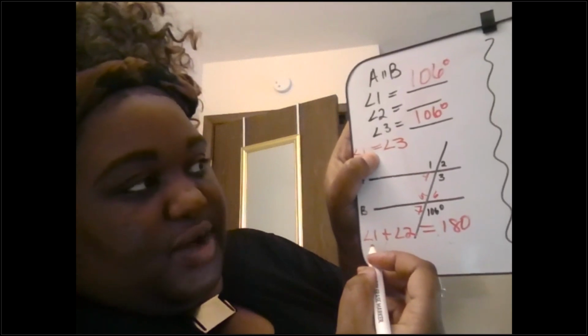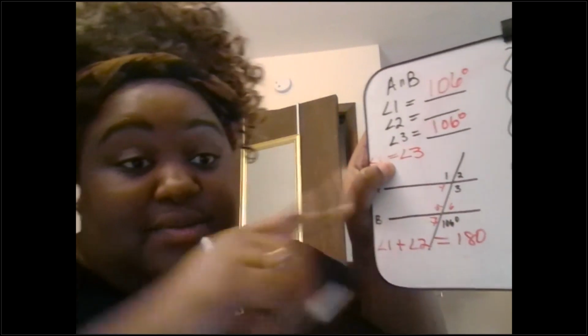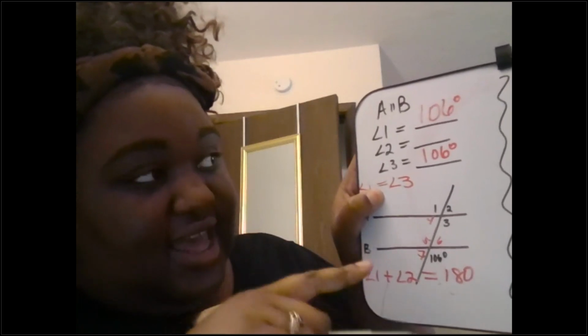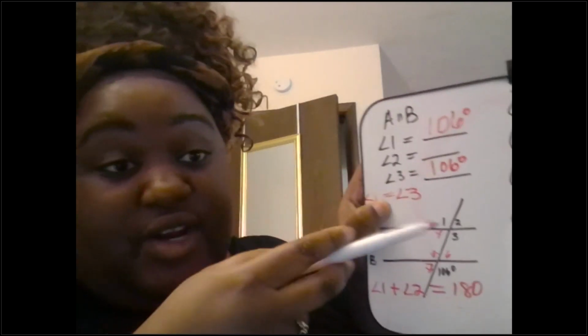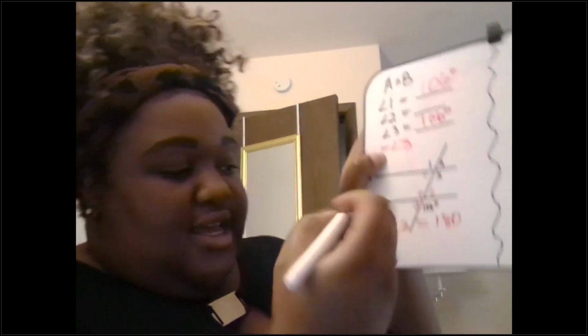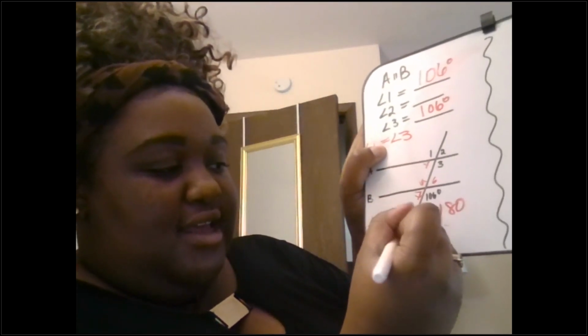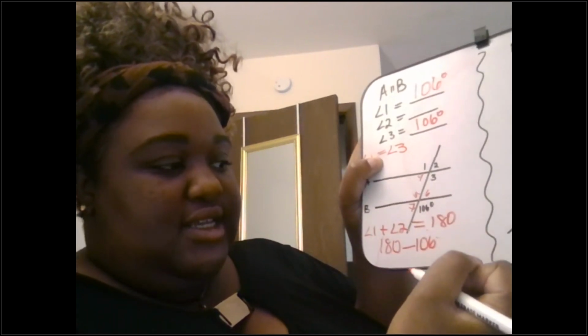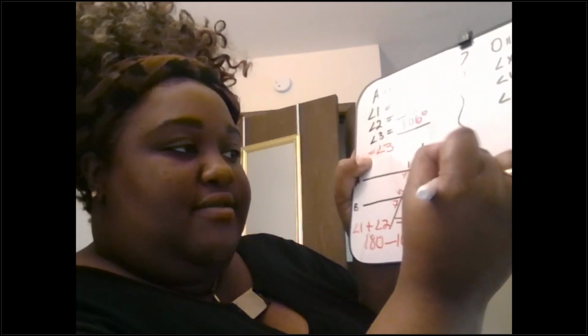I already know what angle 1 is. Remember in our steps on how to solve the relationships, I would subtract the angle that they gave me, which in this case we figured out is 106, from that larger angle, which is 180. So I would do 180 minus 106, and I'm just going to solve it here.